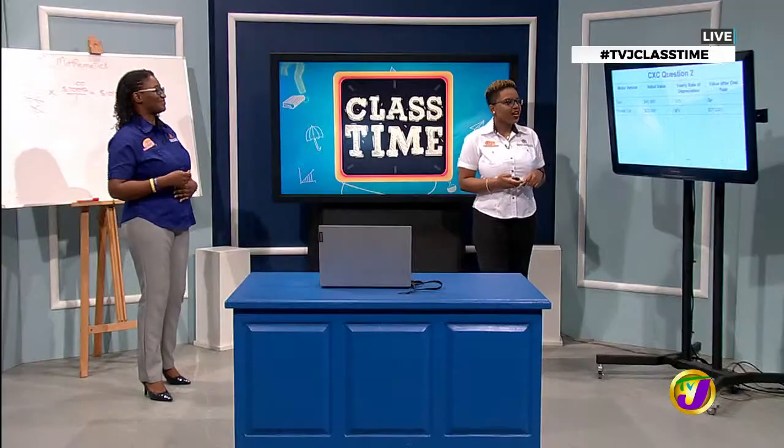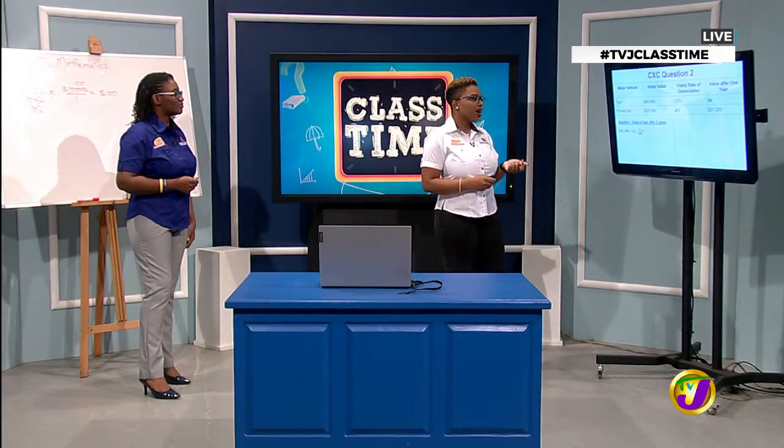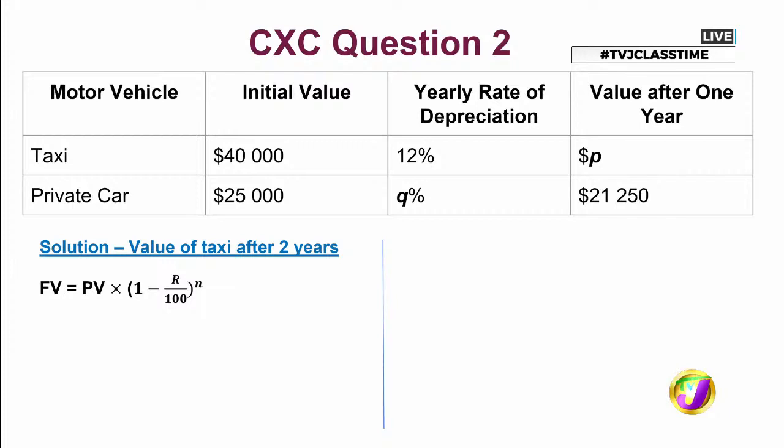All right, and then the final question asks, what is the value of the taxi after 2 years? Once again, we pick out information from the table and substitute. We're asked to find the value of the taxi after 2 years, which means our N now has a value of 2.